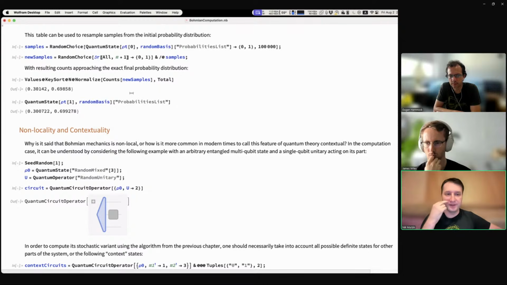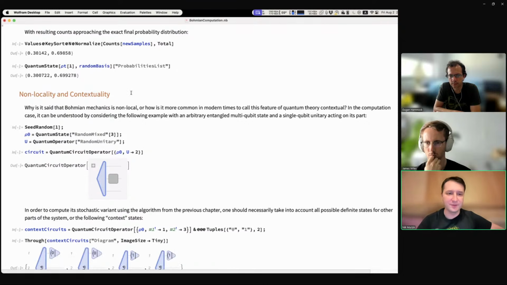So, for example, if you now have multiple qubits, and you start with an absolutely arbitrary entangled quantum state that describes multiple qubits, maybe entangled with each other in some complicated way, like this state describing some arbitrary entanglement between 3 qubits.